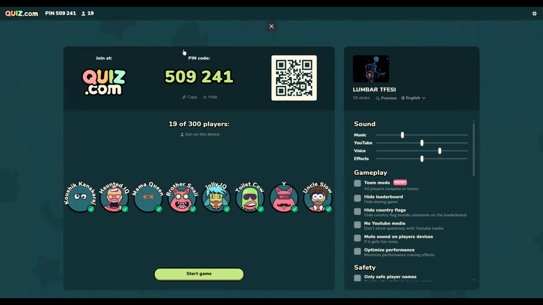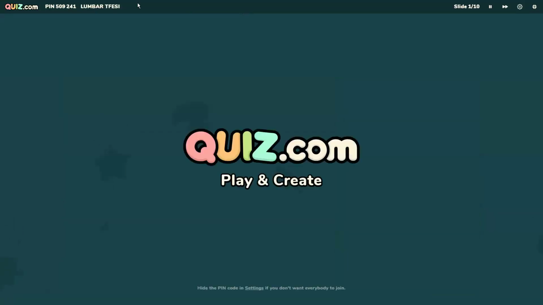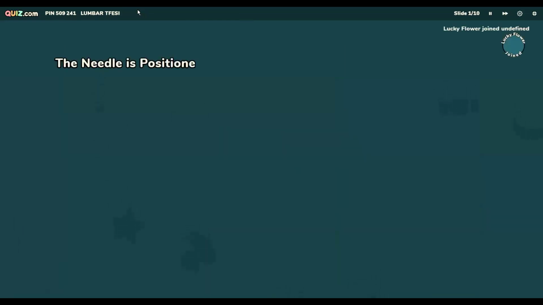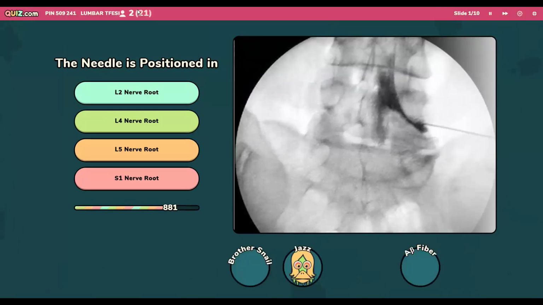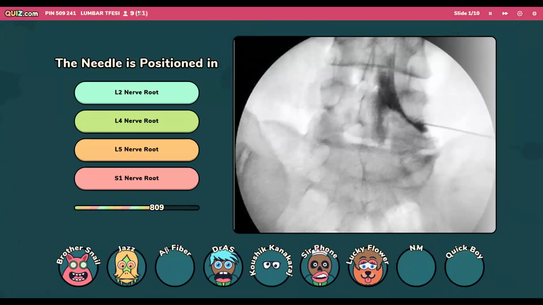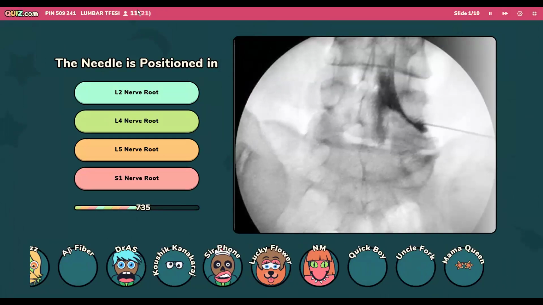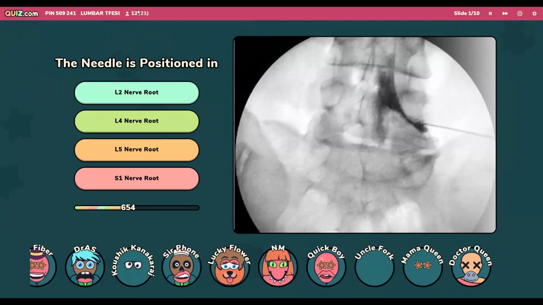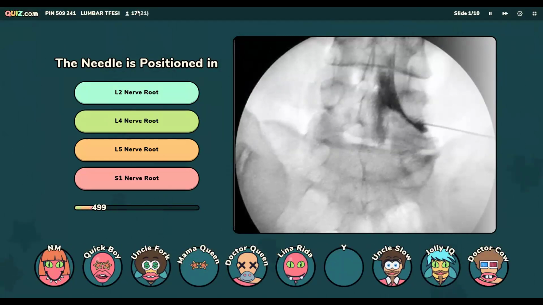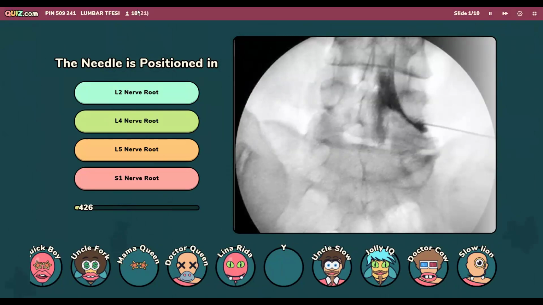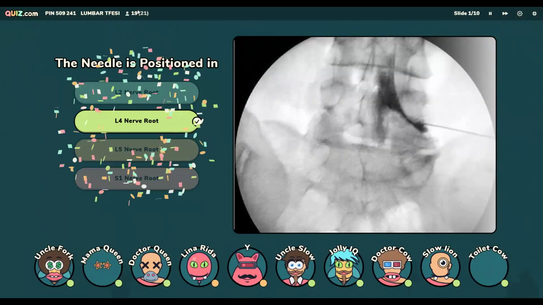Okay, let's start. Quiz.com. Play and create. The needle is positioned in L4 nerve root.